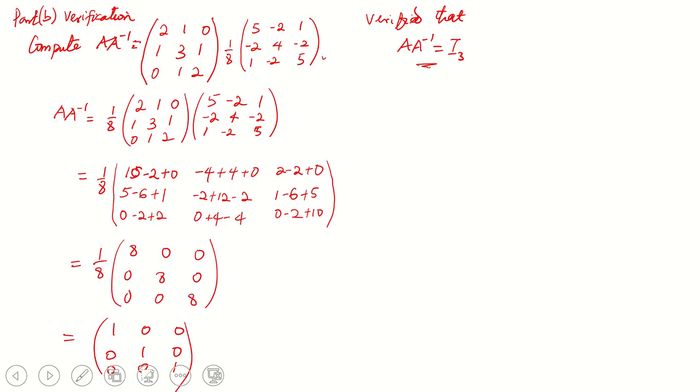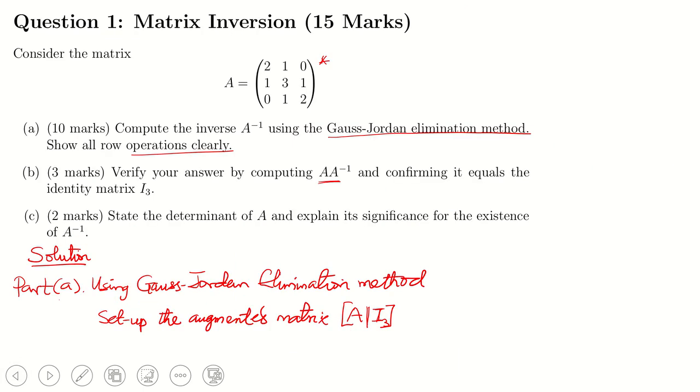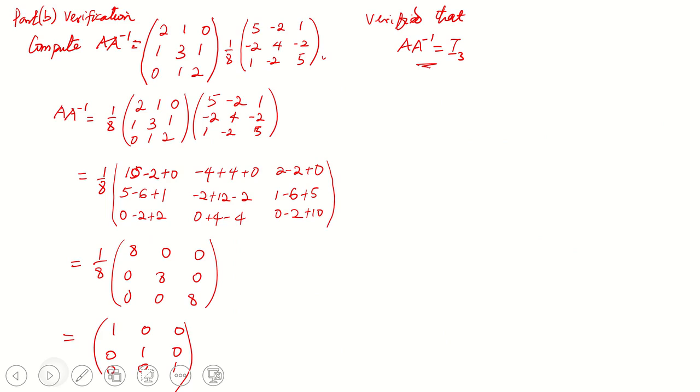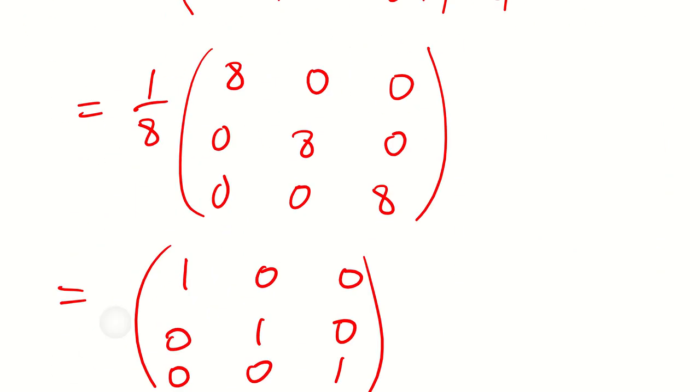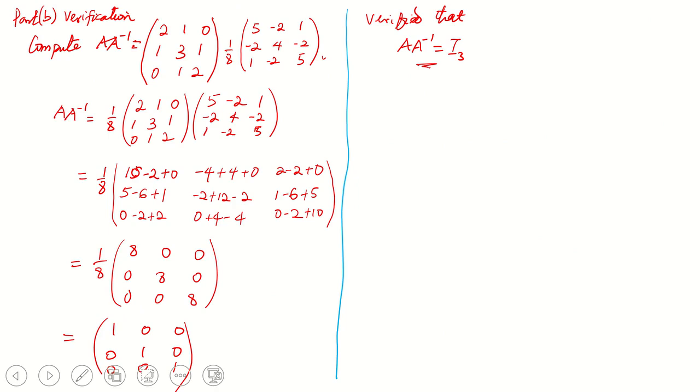Then the third question, part C, which states: state the determinant of A and explain its significance for the existence of the inverse of A. So part C, let's look at part C together.